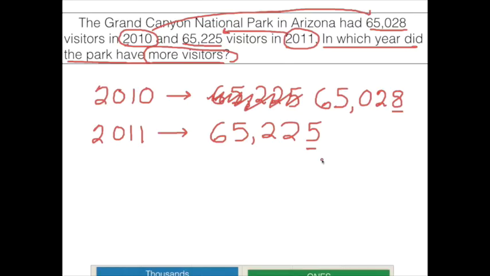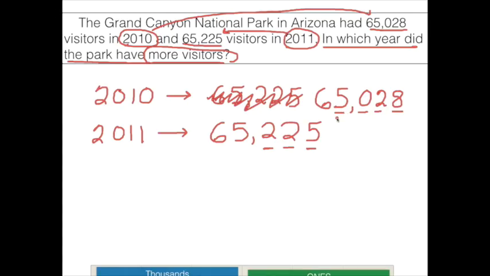So far, it's this one, because 8 is more than 5. Let's go over again. 2. So far, it's this one. 28 is more than 25. Over here, that's a 0. Now it's this one, because 225 is more than 28.